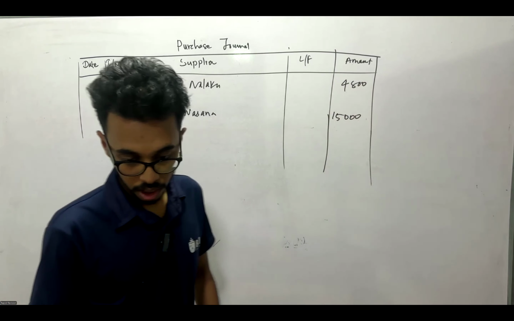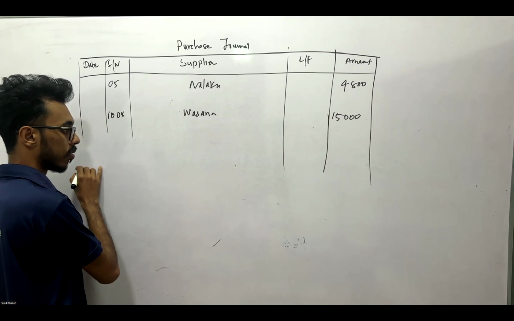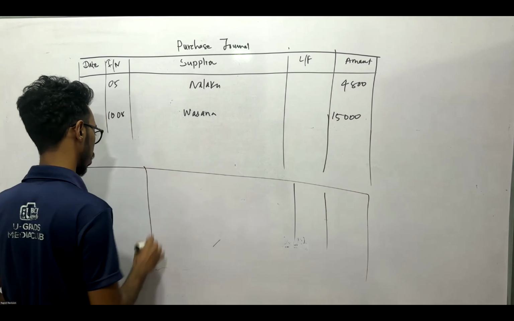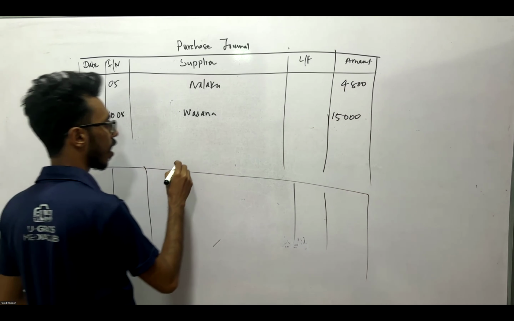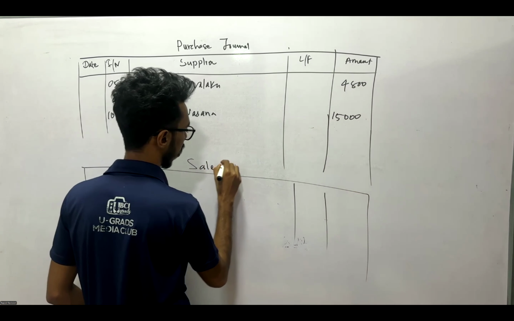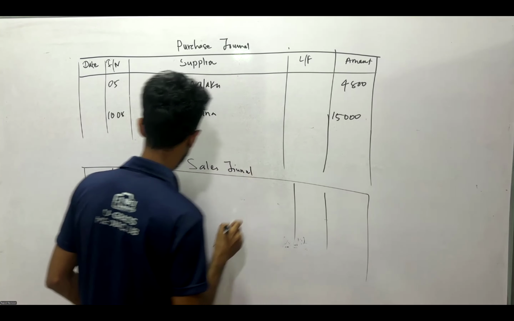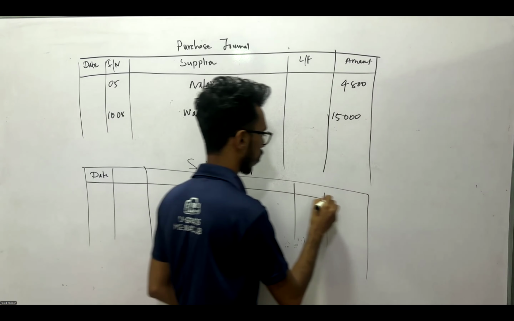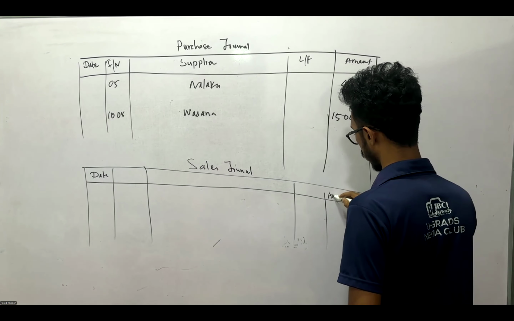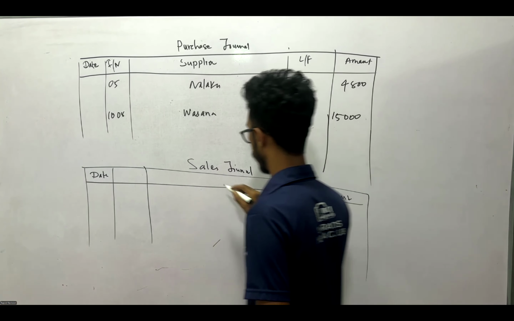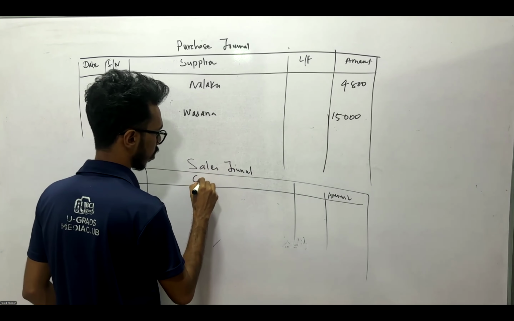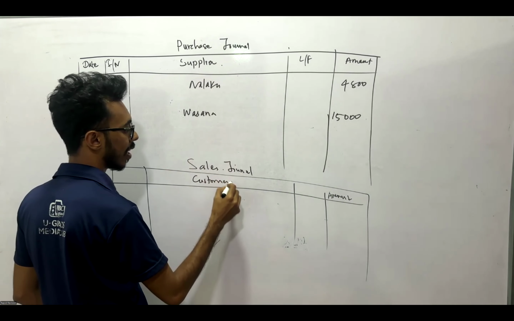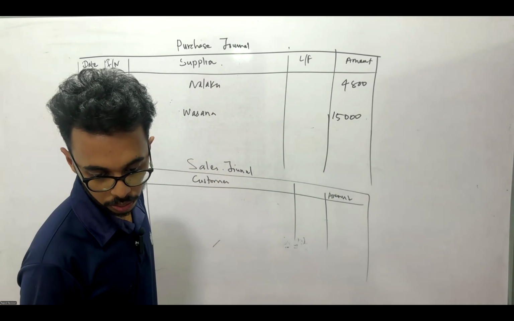And then there is the sales journal as well. The sales journal will have date and customer. Purchase journal has supplier, sales journal has customer.